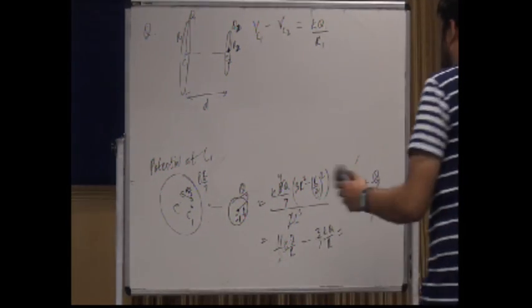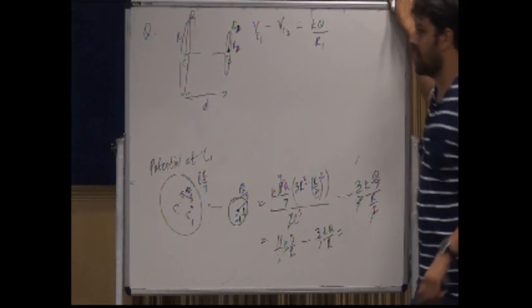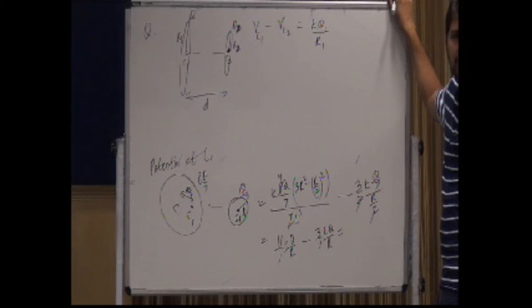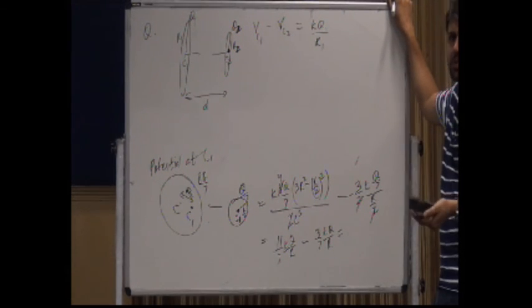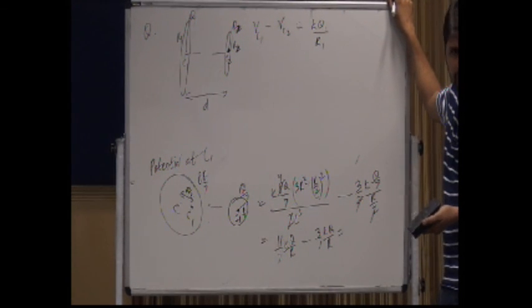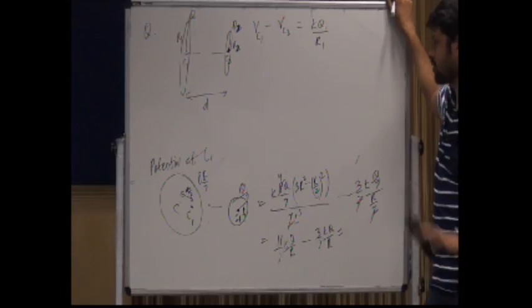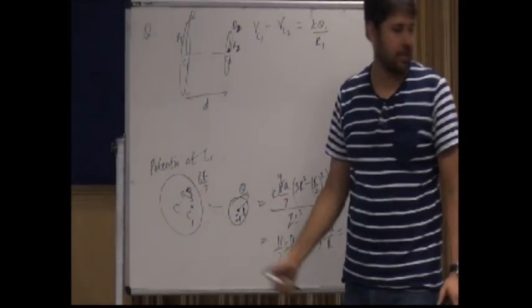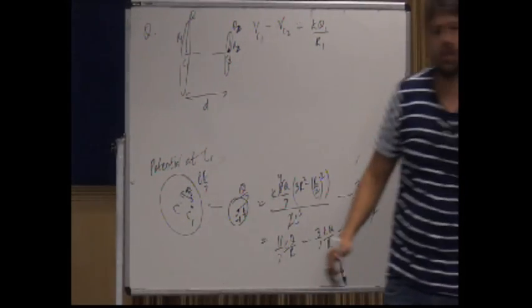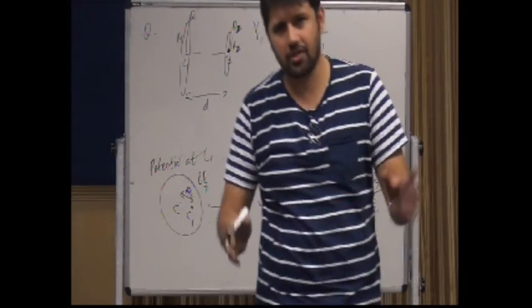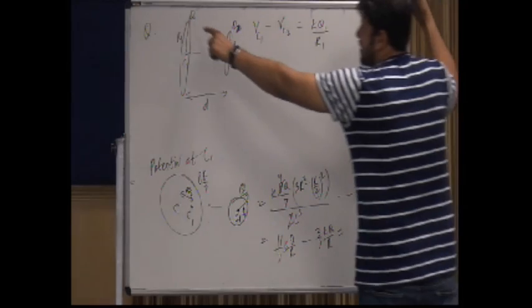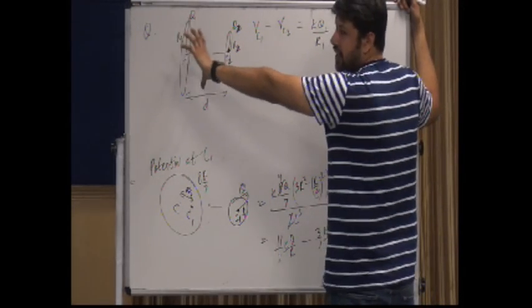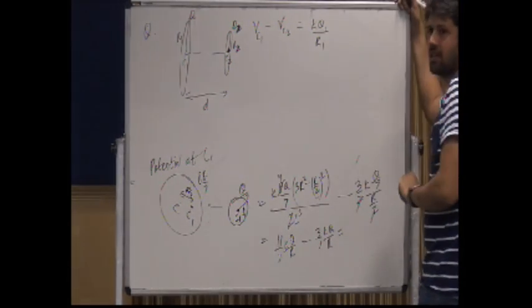Some distance was given, actually I don't remember the distance. The question may be asked where the charges are different but the radii are the same, or the distance is given in terms of radius. So I'm keeping those values out of this question. I'm taking general values.